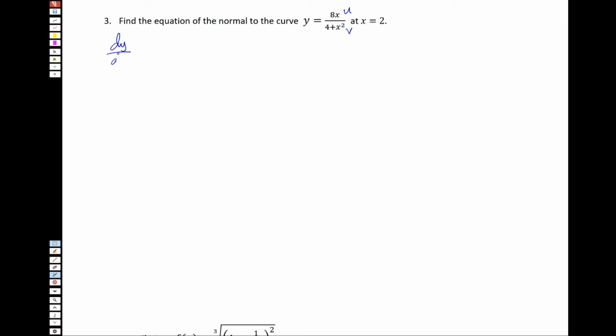So dy over dx will be equal to 4 plus x squared multiplied by the derivative of 8x, minus 8x multiplied by the derivative of 4 plus x squared, all this over 4 plus x squared squared.